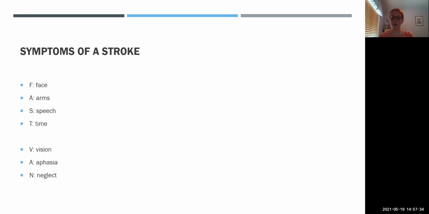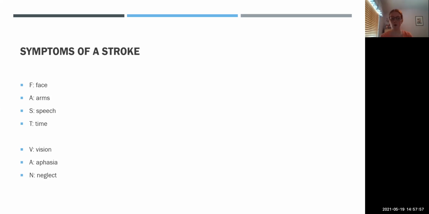Now, these are just some general symptoms that occur when someone is having a stroke. So the first one is FAST, which stands for face, arms, speech, and time. Now for face, it's when one side of their face starts to droop down.